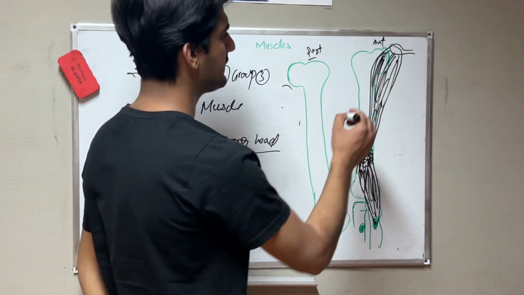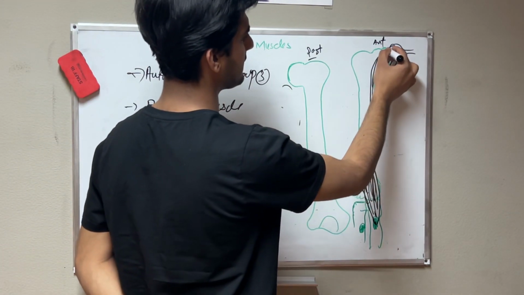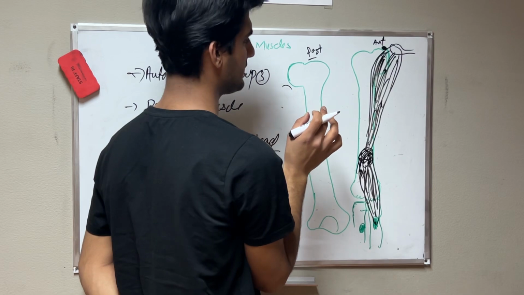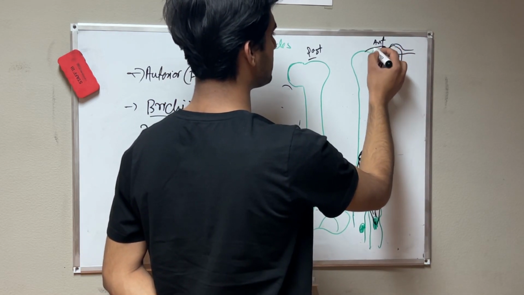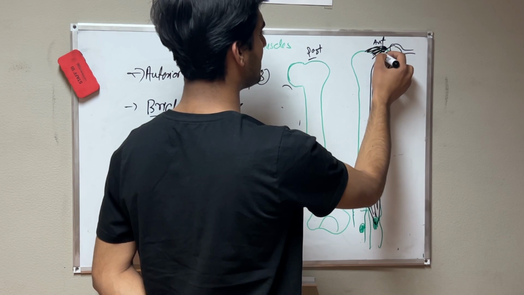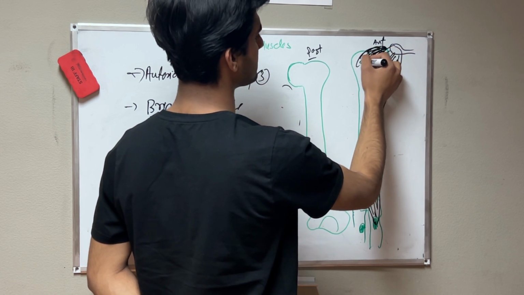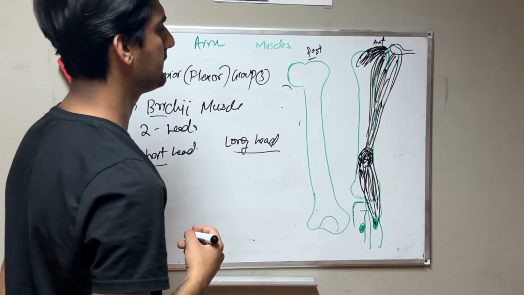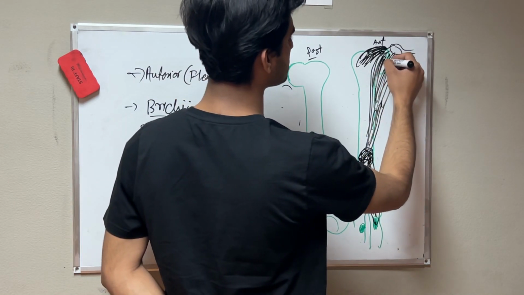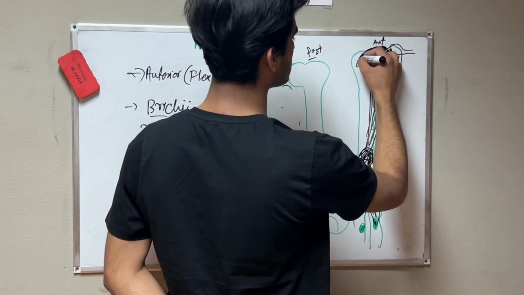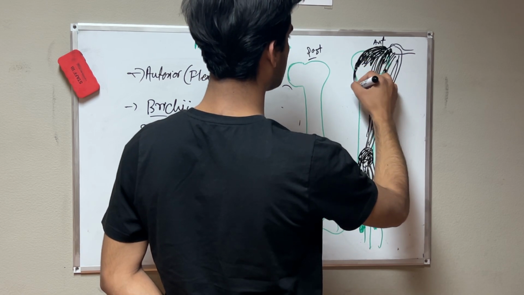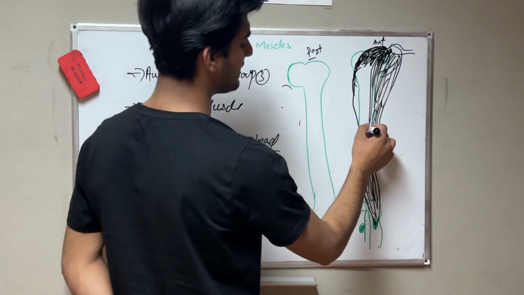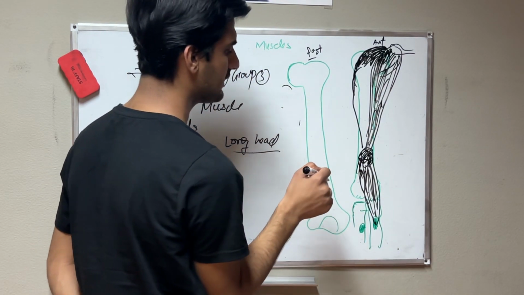Here we have the supraglenoid tubercle and the infraglenoid region of the glenoid cavity. This is the long head of the muscle, and the short head originates from the coracoid process. Here is the belly, and the heads come together in one place in tendon form and insert into the bone.